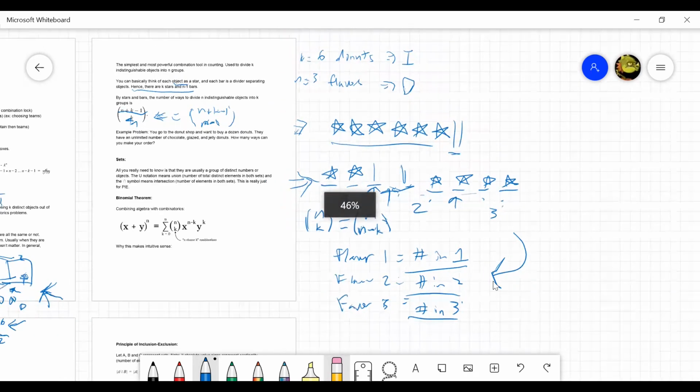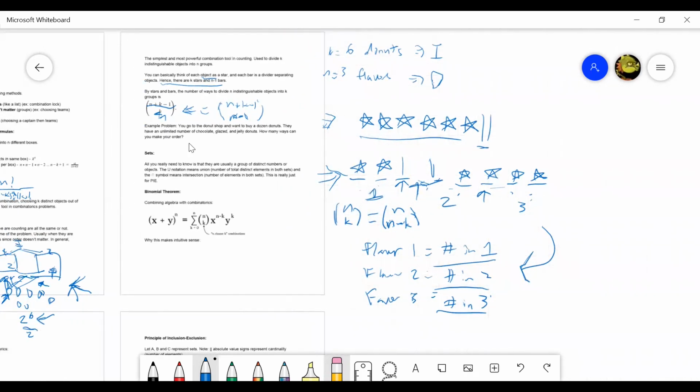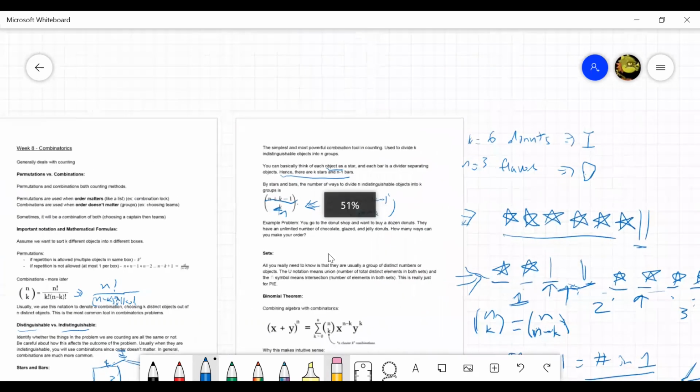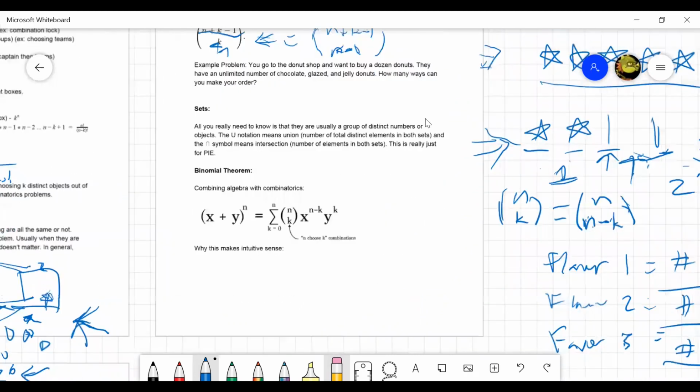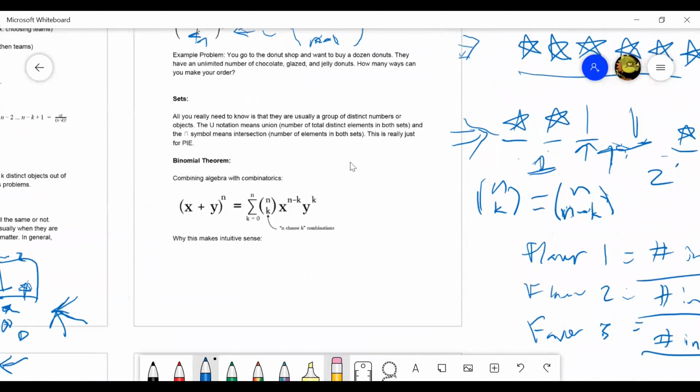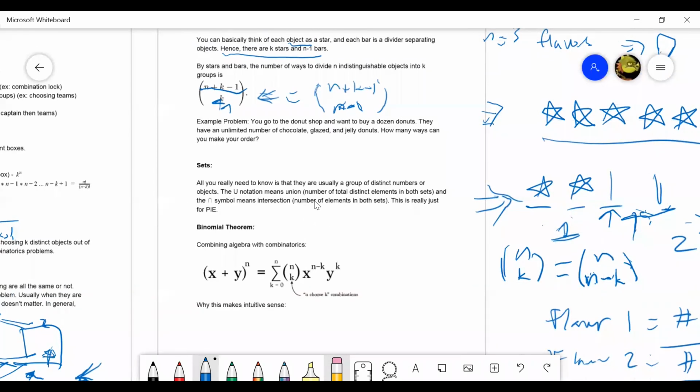So either way, that's the main idea behind this. And this method is a very, very powerful tool that you should be using for a lot of these combinatorics problems.